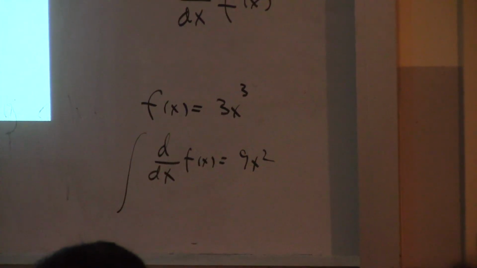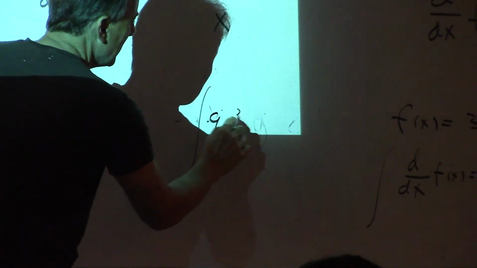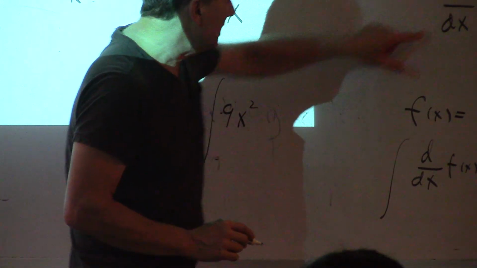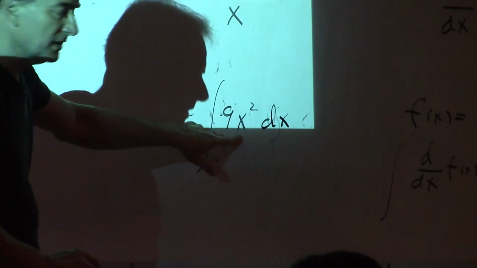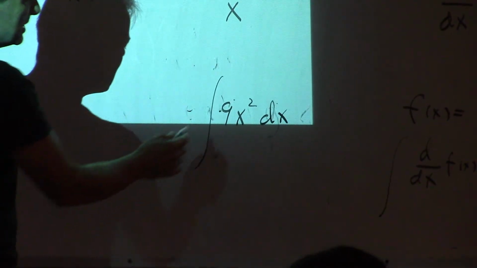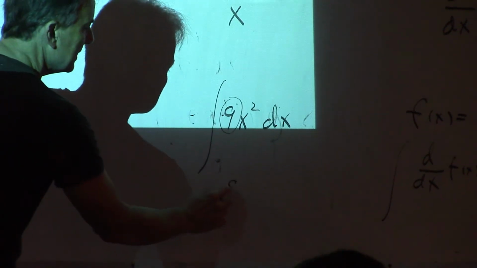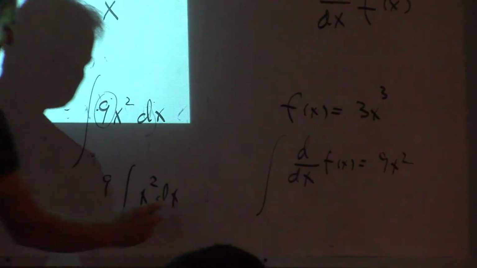So what happens is if we have the integral of 9x squared, now we always have to specify, just like we have d/dx, here we put a little dx. That means we're integrating with respect to x. That's all the dx means. So the constant can come right out in front, and we're going to get 9 times the integral of x squared dx.